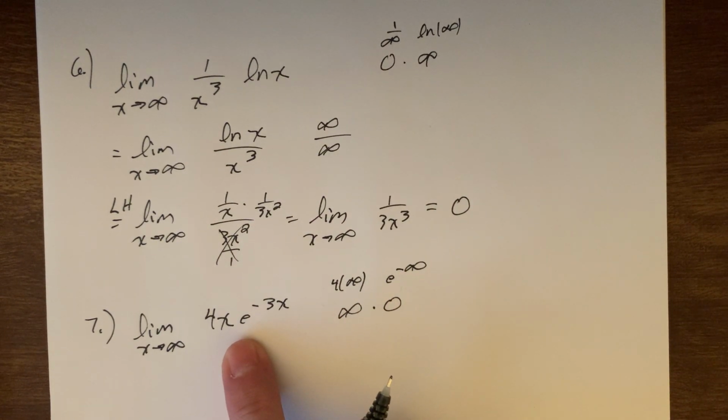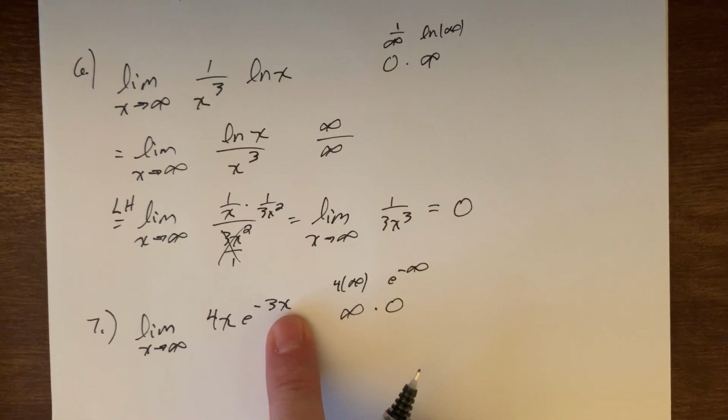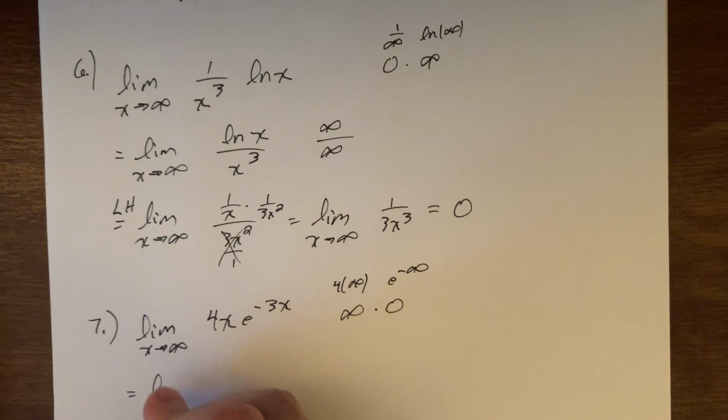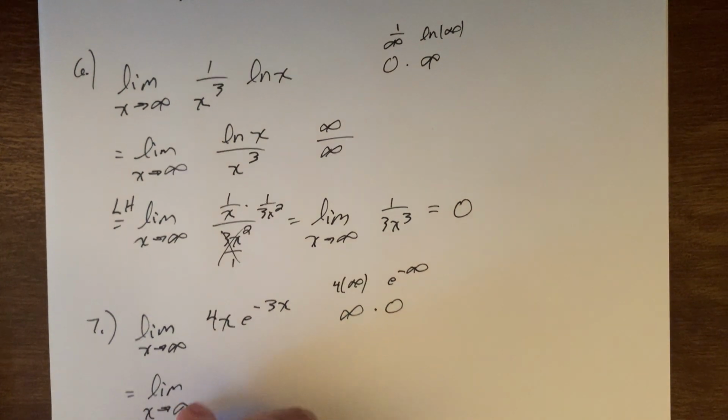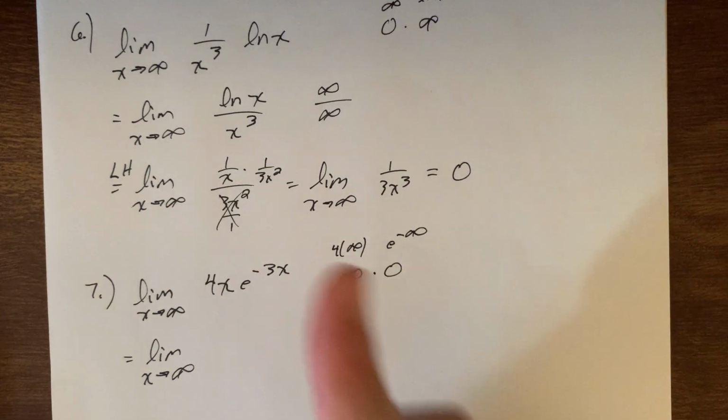Here, do you see one piece that might be easier to move into the denominator? This is e to a negative exponent. Why don't we change the exponent to a positive by putting this whole thing in the denominator? So again, no L'Hopital's rule here. This is just algebraic manipulation.